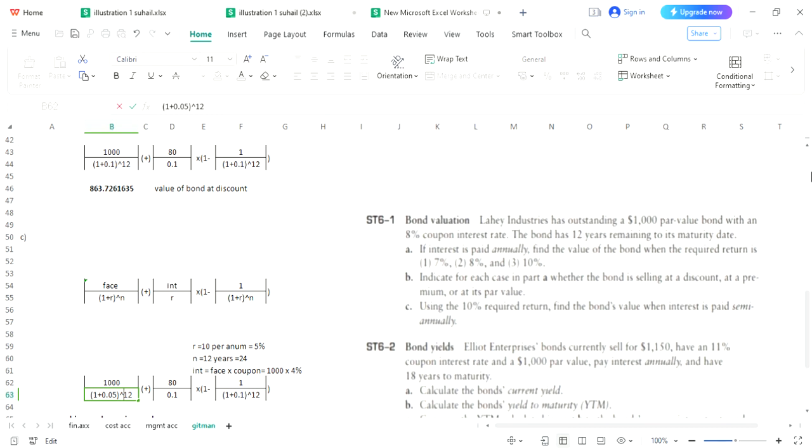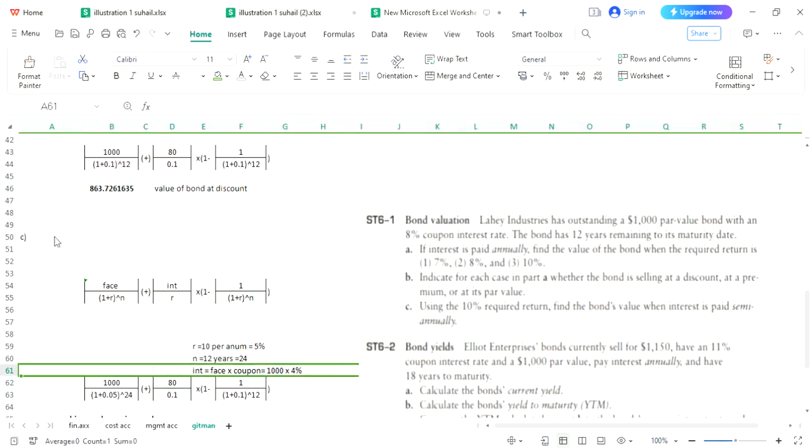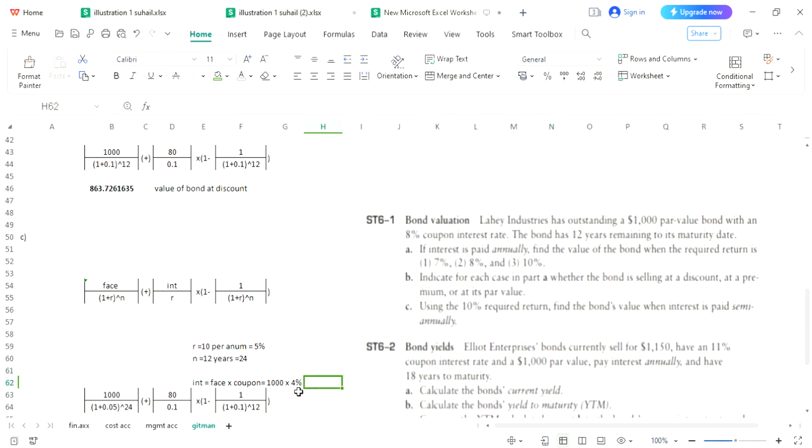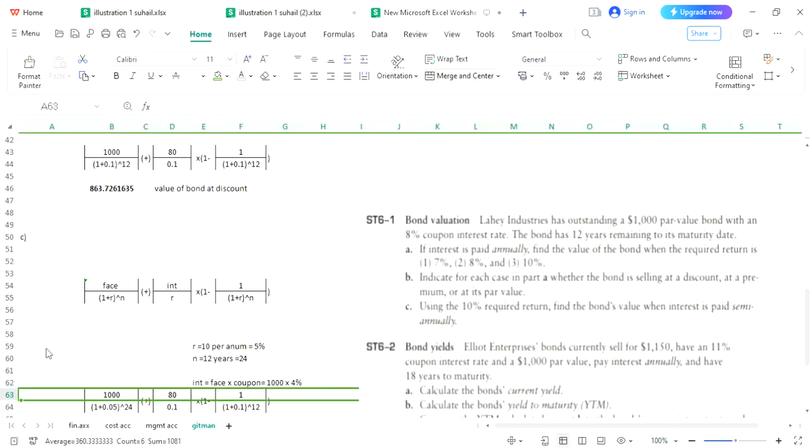And instead of 12, you have changed N to 24. Put 24 over here. Go to the second part. Instead of 80, you have already calculated the interest, but it is hidden. So we can increase one more row. The interest you calculated was, and still it is not seen. Let's have another row.